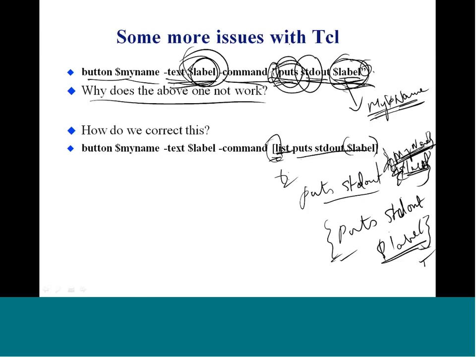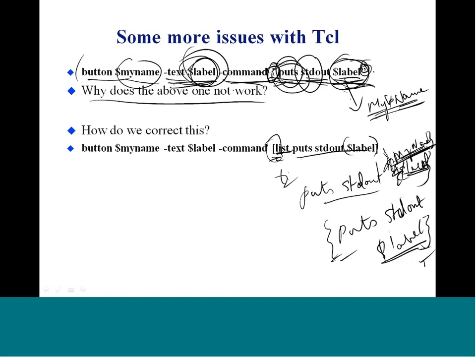And then we talked about some of the issues with Tcl. So for example, in this command, some of these we haven't covered much, but assume that this is some command. And here is a command which has puts stdout $label with quotes.